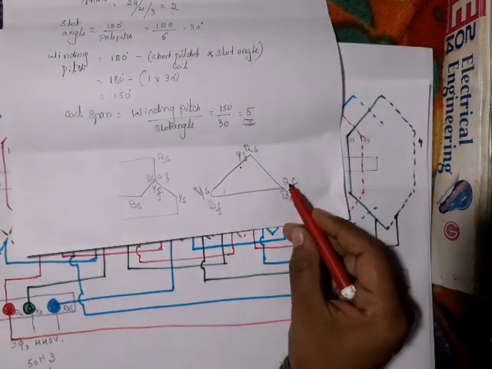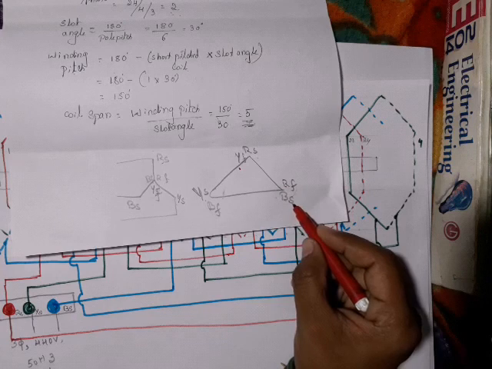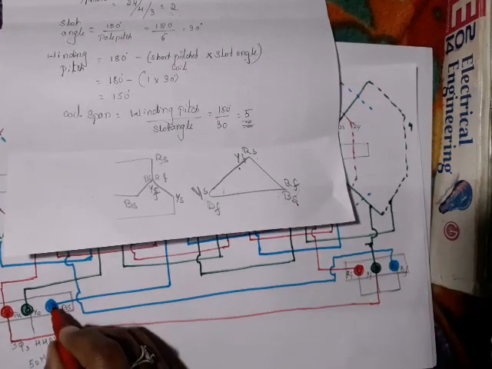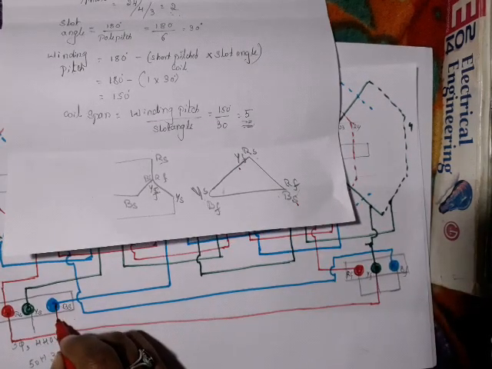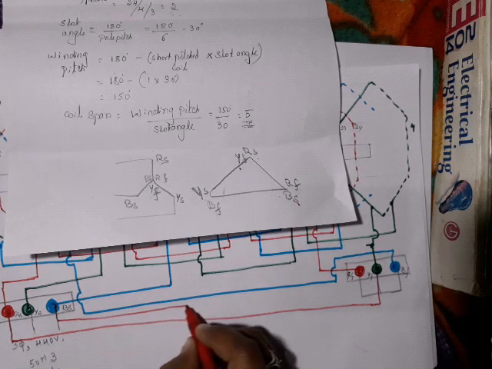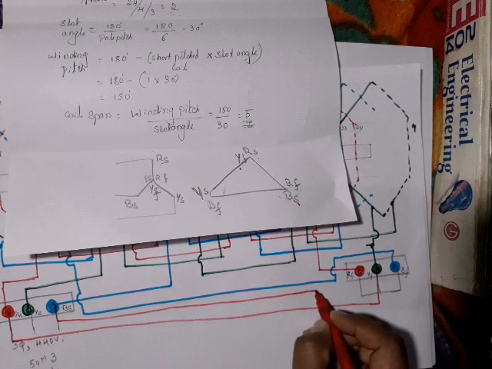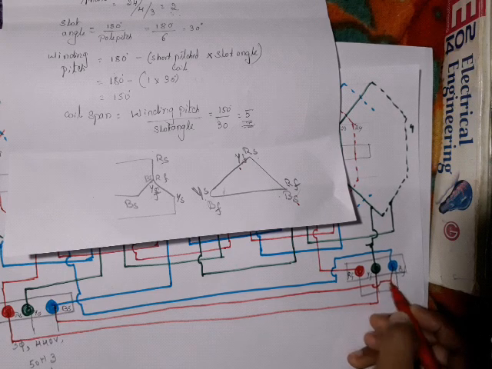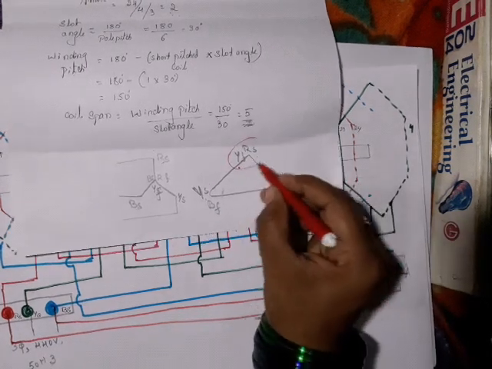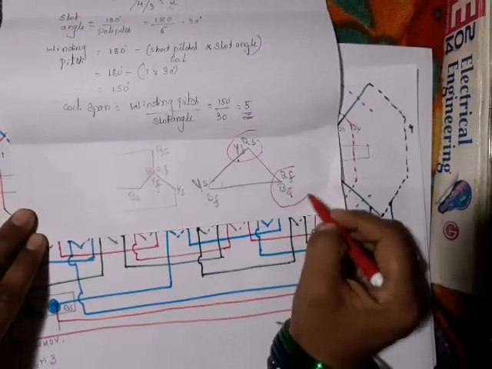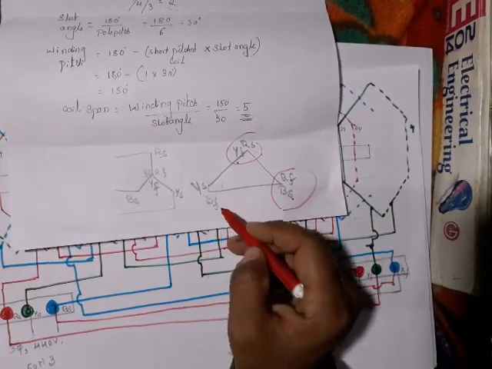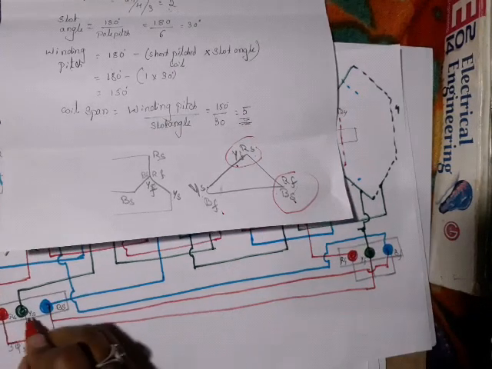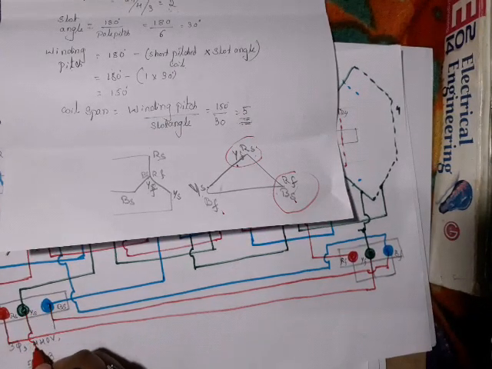Then RF is connected to BS. So here I have BS. BS is connected to, you can use the pen itself, you need not use the same color, BF. We are done with this. Last connection is YS connected to BF. So here is YS.